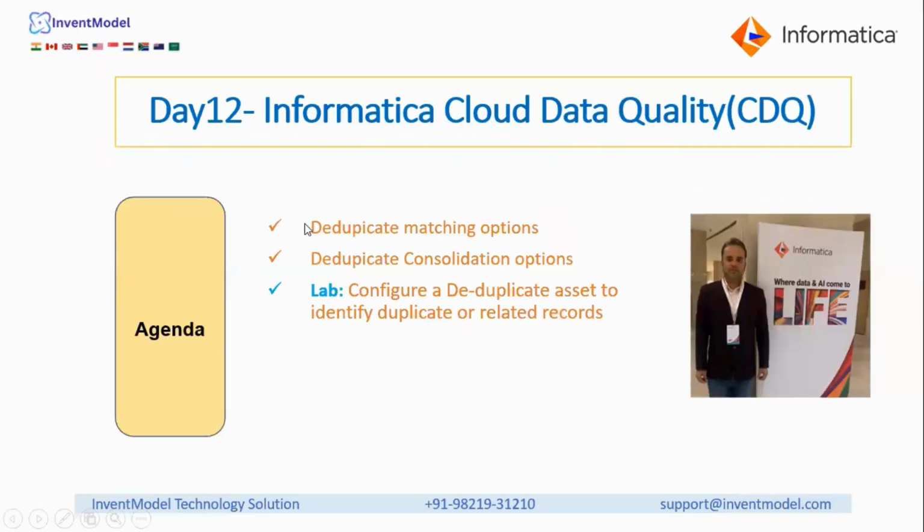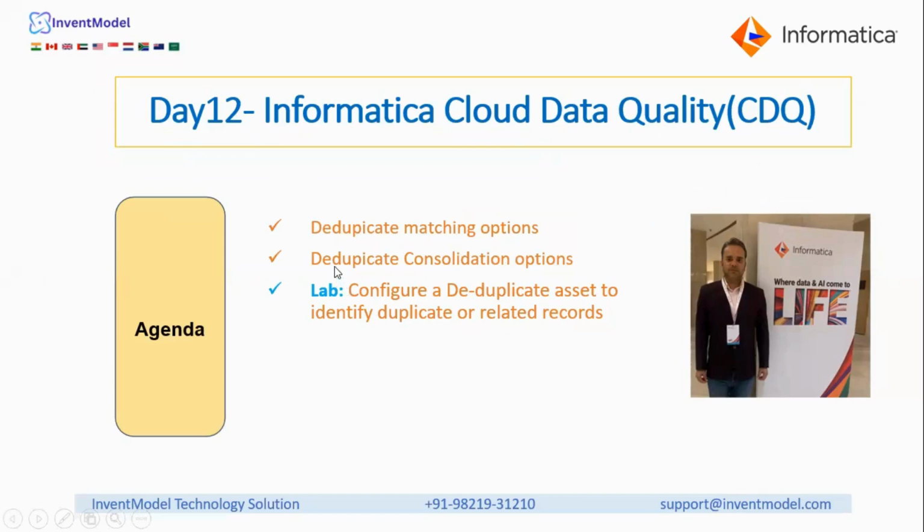So today we are planning for deduplicate asset matching options. In the last session we saw different scenarios, how the matching is happening. We have a few more options which we need to explore on the same part, so that we will see as part of our first agenda.